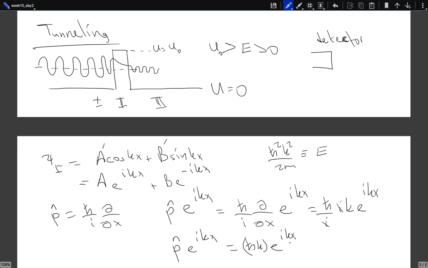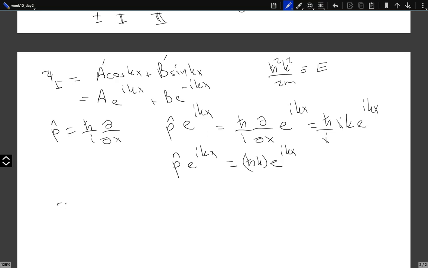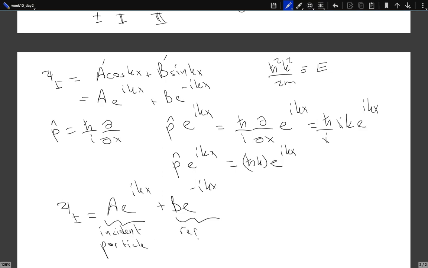If you send many particles to this potential barrier, let's say you keep sending your particles uniformly, some of them will be moving in that direction, some of them will be moving in the opposite direction. So this describes the incident wave, the particles that you are sending, and this describes the reflected wave. So this is the incident particle. And this is the reflected particle.